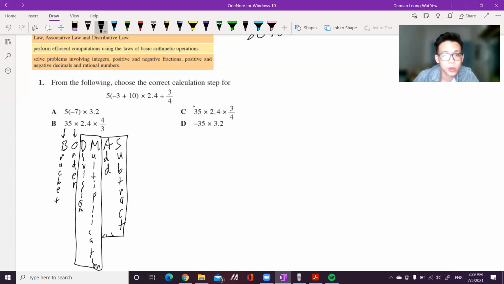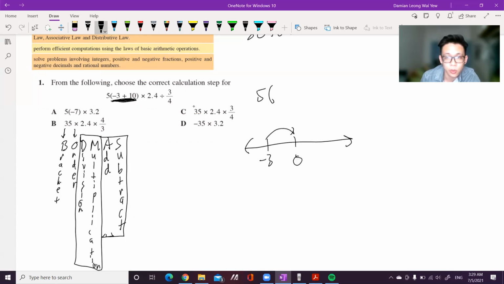So I want to choose the correct calculation step. That means I have to do what's in the bracket first, so I have to calculate this one first. When I calculate this, it becomes 5 bracket negative 3 plus 10. Negative 3 plus 10: I have negative 3, and when you go to 0, it's basically a plus 3.